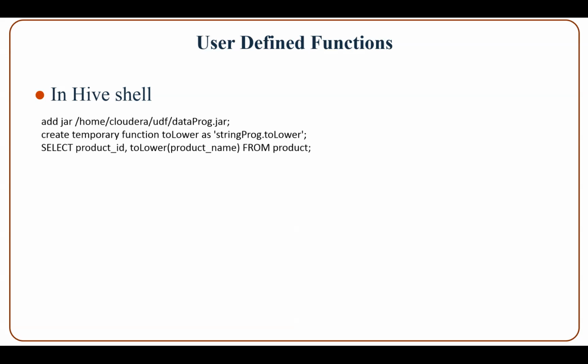So after add jar, then you create a function here, and you write create temporary function, and you specify the function name. Here I use toLower, and then as string proc dot toLower. So toLower here is actually the name of the class.